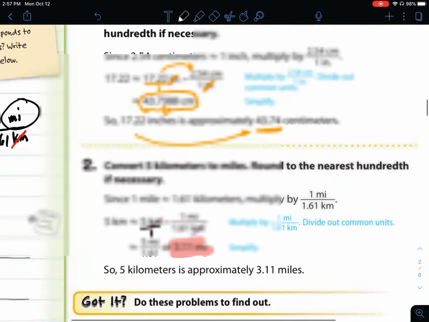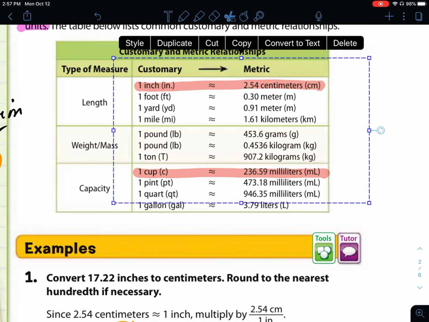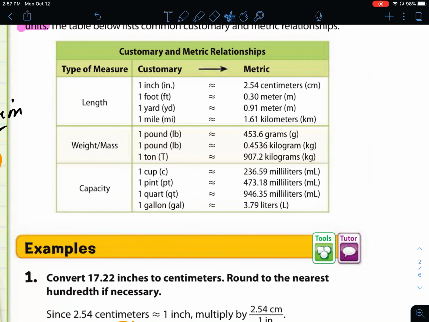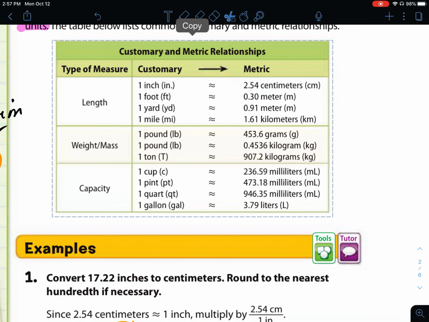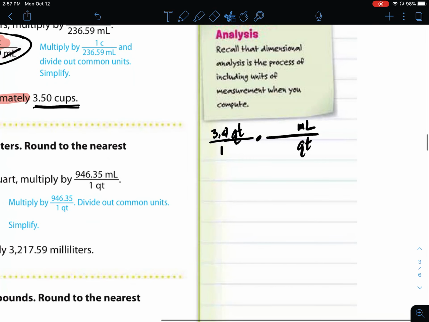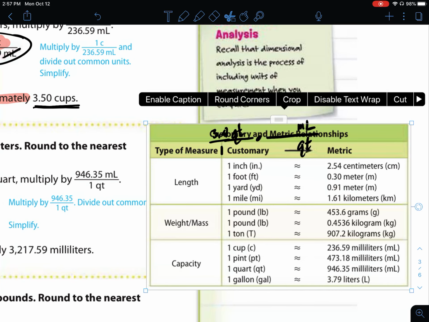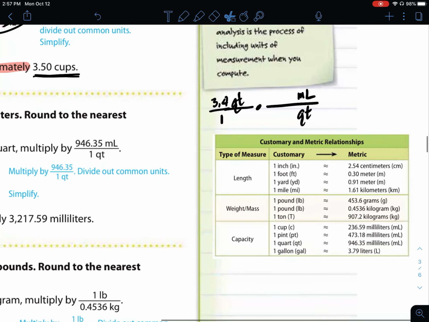Okay, let me get my table. Let me copy my table so I don't have to scroll to this page every single time. And I'm going to post it here. Make it smaller right there.